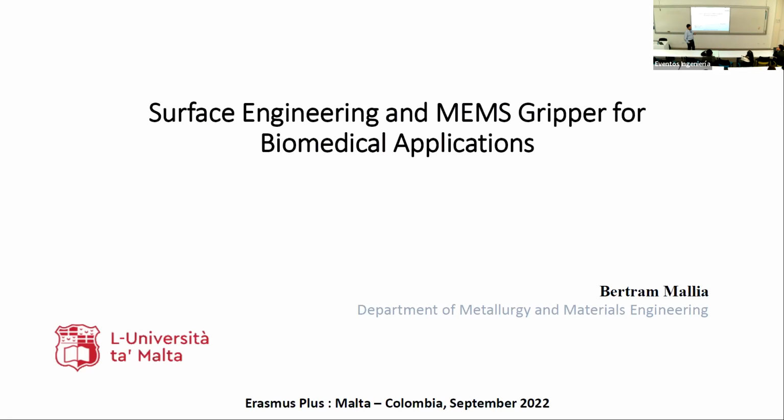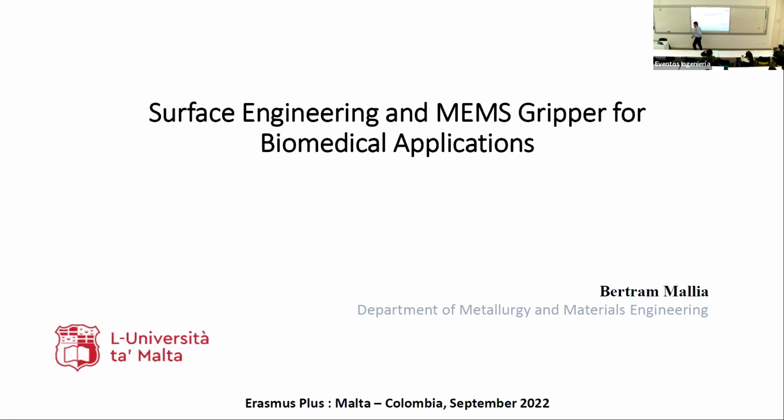Towards the end, I will also show some slides on a project where a MEMS gripper and an electrothermal actuator are being developed to manipulate microscopic objects, in particular biological cells like the red blood cell. The idea is to characterize the properties of these cells, and by doing so, see whether the cells are healthy or not, and so on.